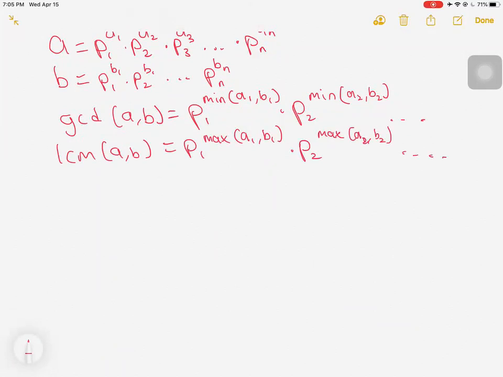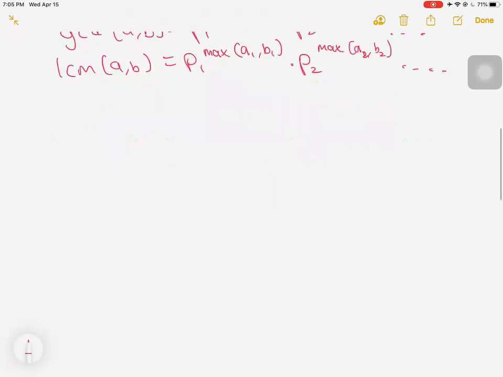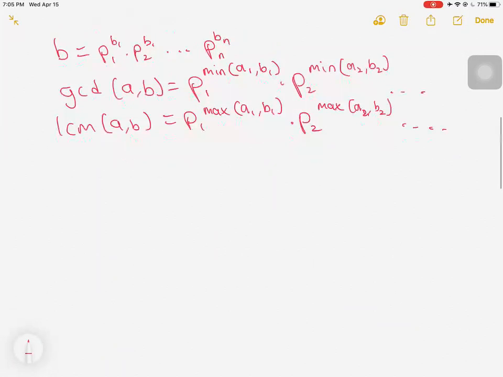So this might look complicated, but I'll show you with the example, and this should make it easier to understand. So first, let's practice finding the GCD of 126 and 420. And similarly, let's find the LCM while we're at it.